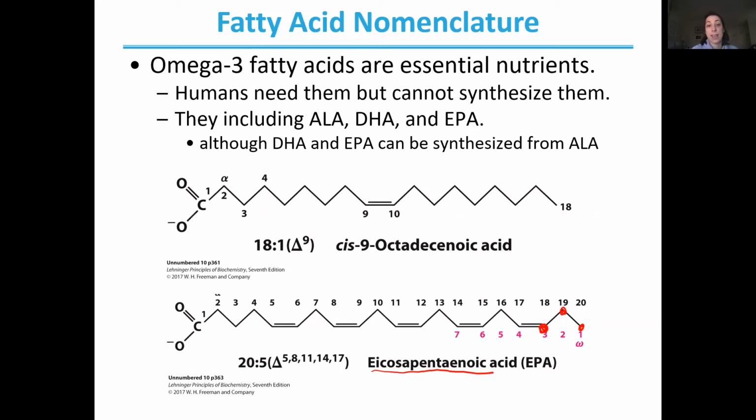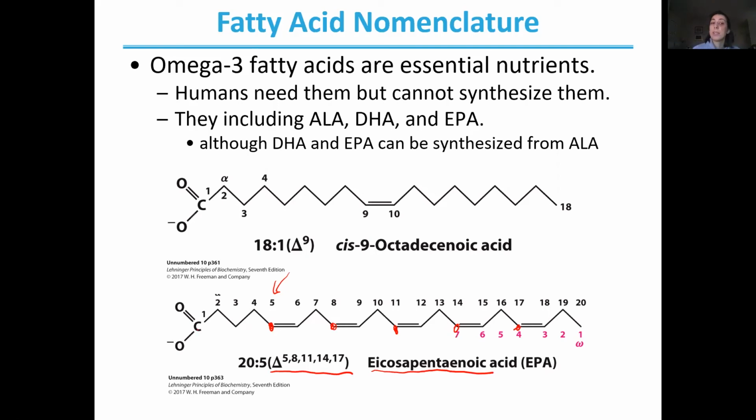omega-3 fatty acid. Now, using the delta system, you can actually see the delta system written here. We have a different numbering system. So this is a fatty acid that is 20 carbons long. It has 5 double bonds, and the positions of those double bonds are as shown here, starting at carbon number 5, number 8, number 11, number 14, and number 17.